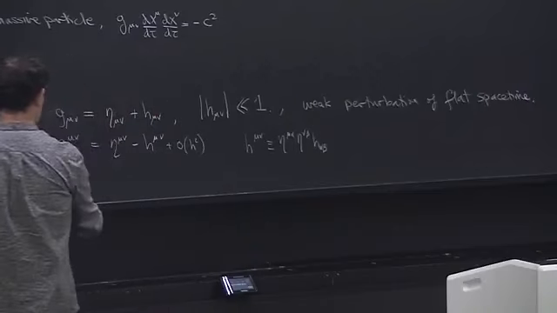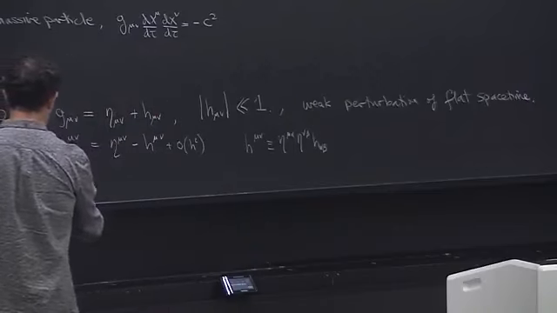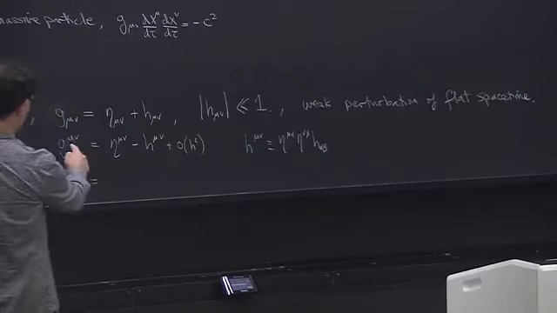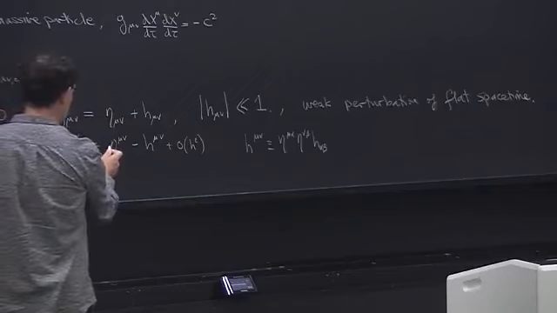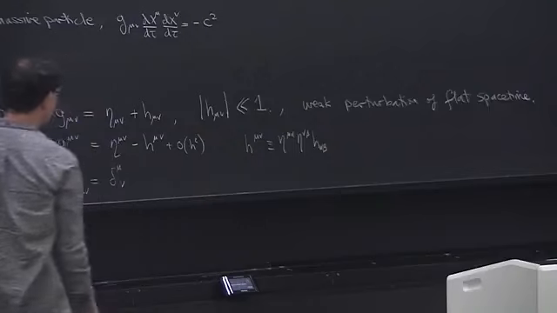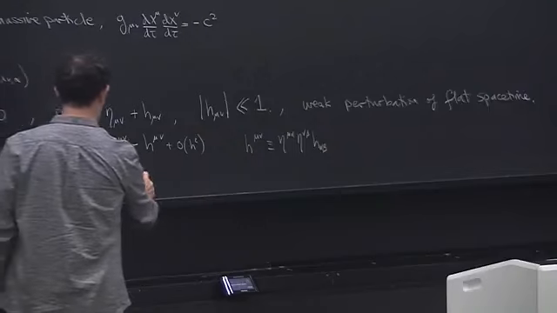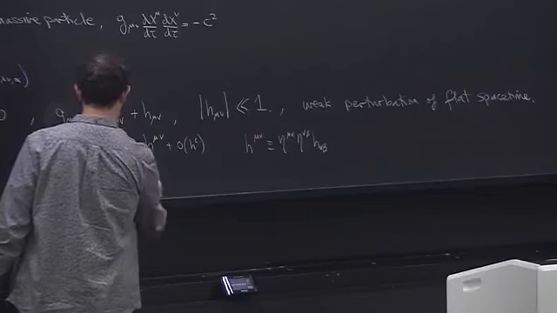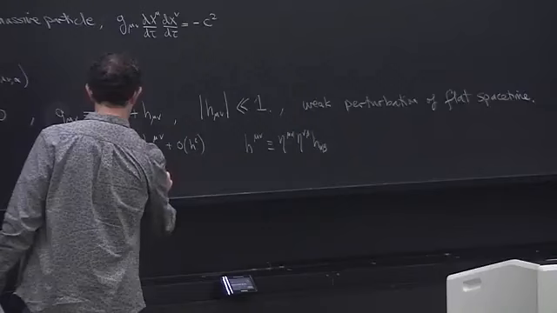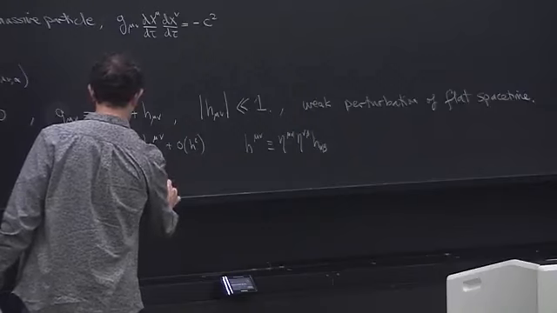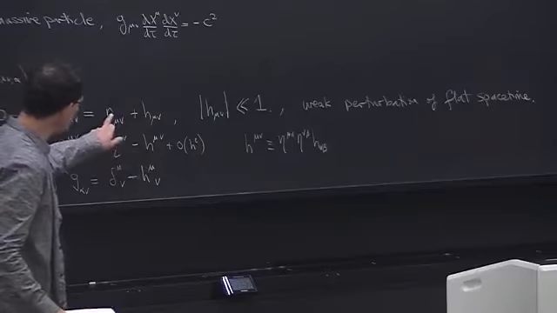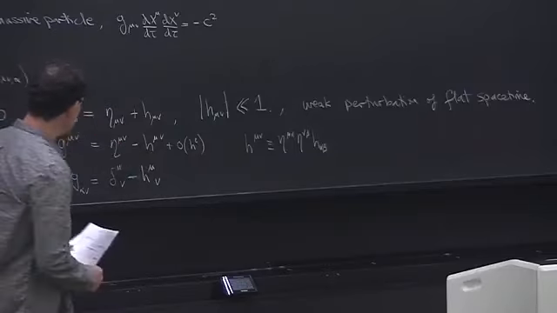Because if I multiply these things, I'm going to get g mu alpha, g alpha nu. So I multiply this by that. The eta with eta will give me delta mu nu. The eta with h will give me minus h mu nu, taking this minus h and lowering its second index with eta.